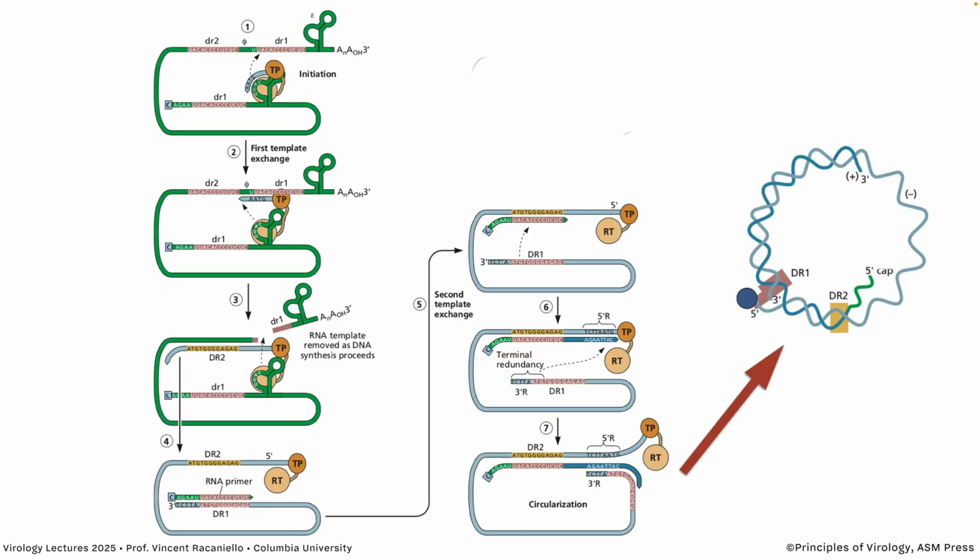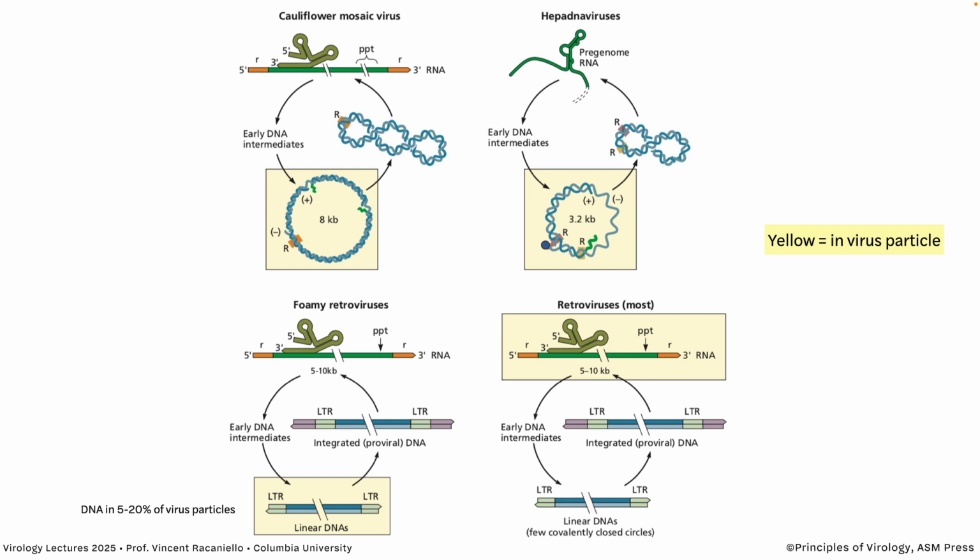All right, so here's the summary, what I just showed you. RNA genome copied to make that first strand. There's a template jump, and then you never complete the cycle. So how does this fit into the overall virus world?